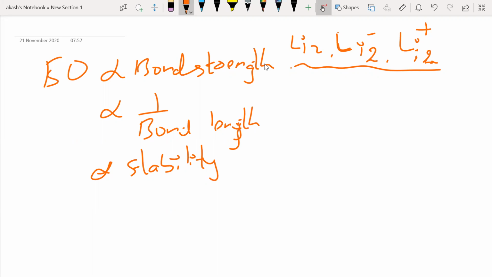I have Li2, Li2 minus, and Li2 plus. See, please remember, we are talking about molecular orbital theory. So we are not going to deal with atoms anymore, right? We are going to see only in terms of molecules as such, right?